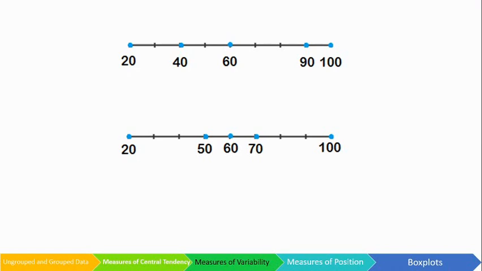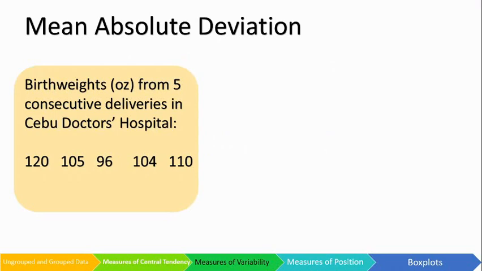One clever way to get a better variability is to find how each data point is deviating away from the mean of the entire set and get the average of those deviations. This is called the mean absolute deviation, and it is found using the formula.